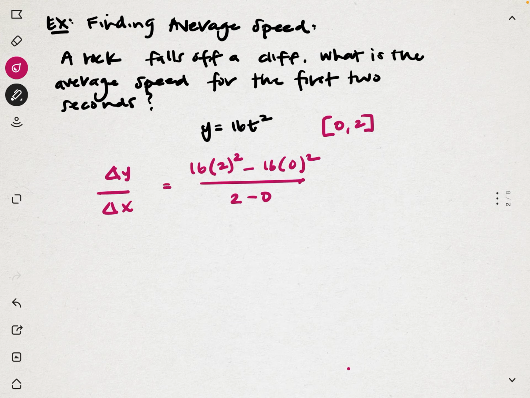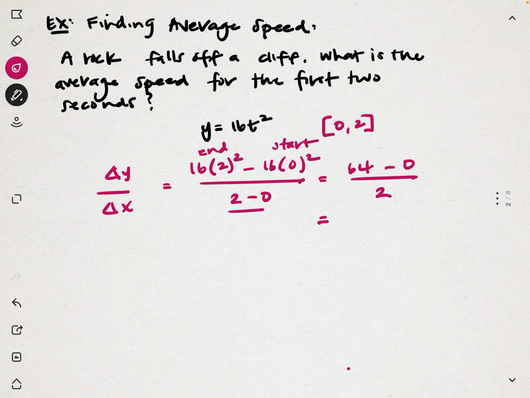So we're looking at where is it at the end? Where is it at the start? And then how much time has passed? 2 minus 0, which is 2 seconds. Okay, so let's simplify this. So 2 squared is 4 times 16 is 64, minus 0, over 2 minus 0 is 2.